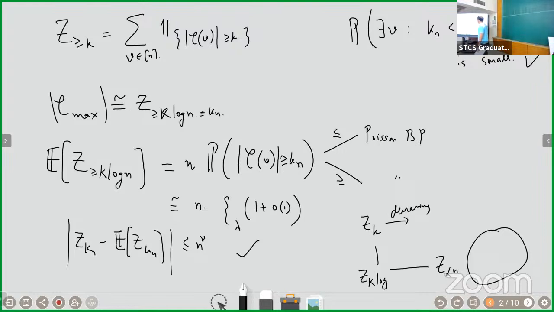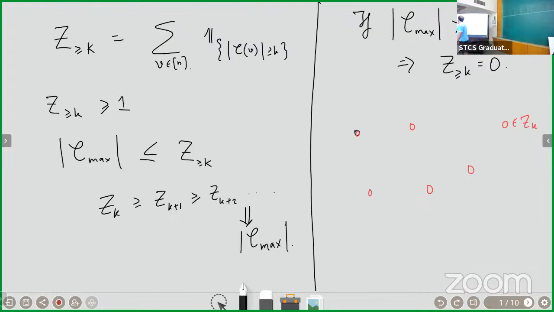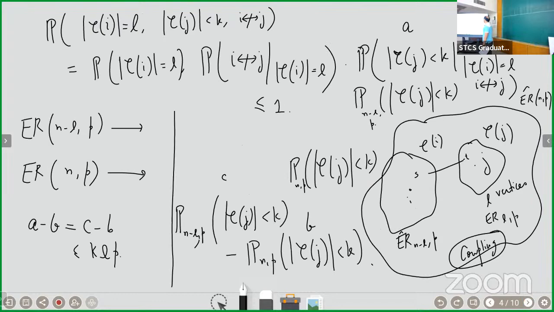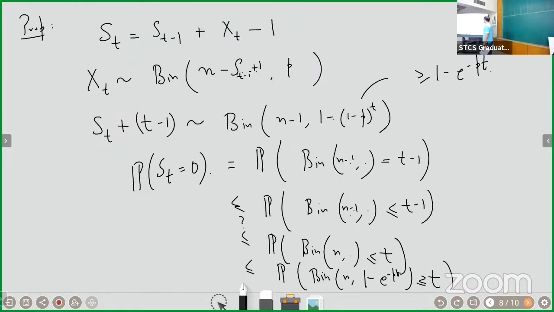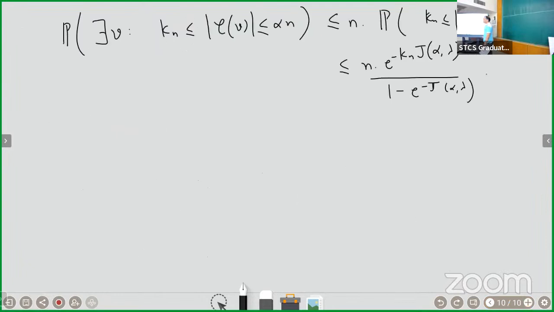Most importantly, so far all the control I've got really is on Z greater than or equal to. It's very easy to lose this in the details. It's very important to keep track of the big picture, what events I'm actually controlling. Individually, if you look closely, they're not very difficult.